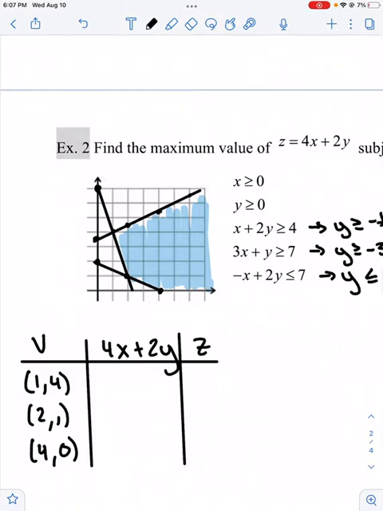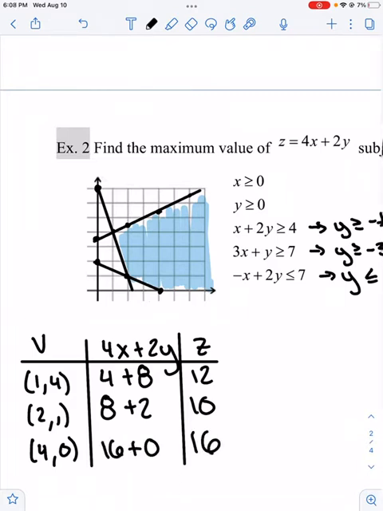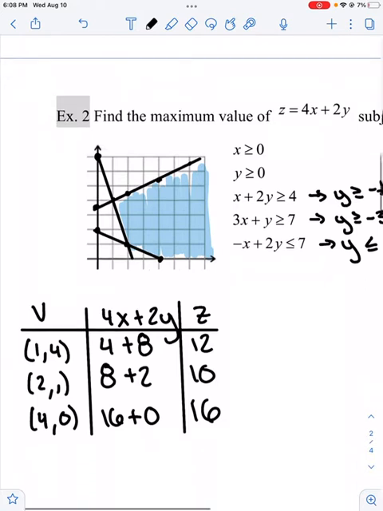So plugging in 1, 4, we get 4 plus 8. 2, 1 would be 8 plus 2. And then 4, 0 would be 16 plus 0. So right now it looks like 4, 0 is the max.